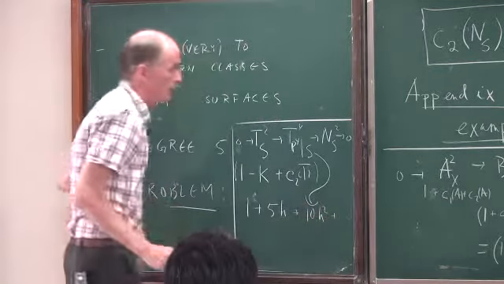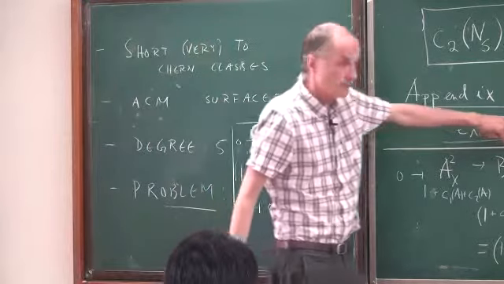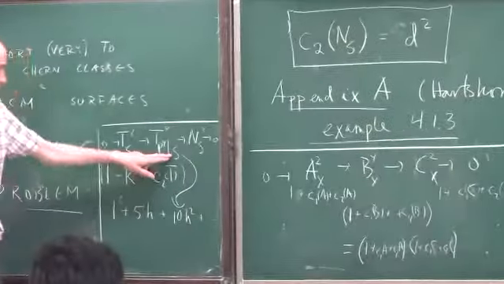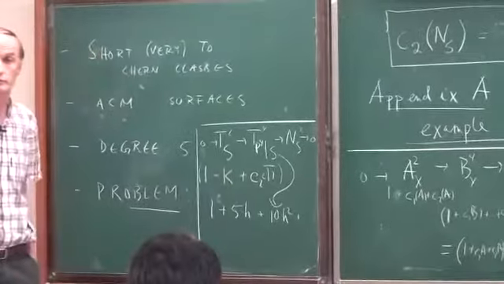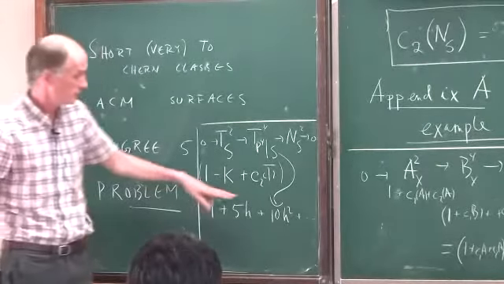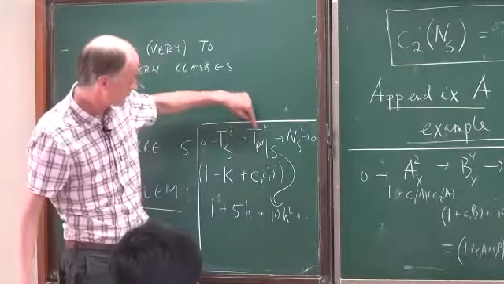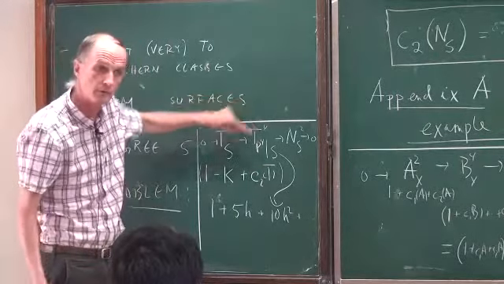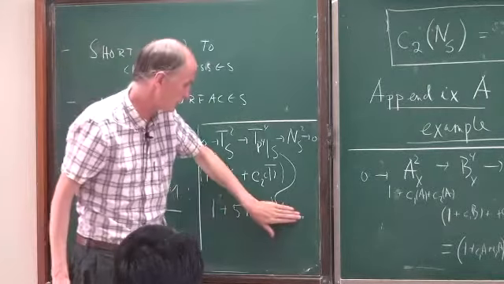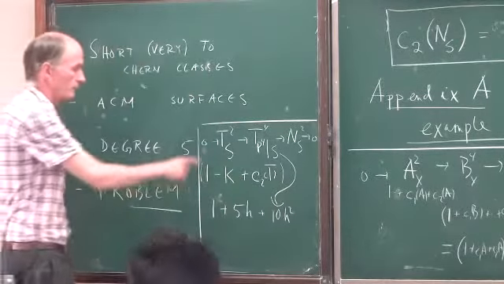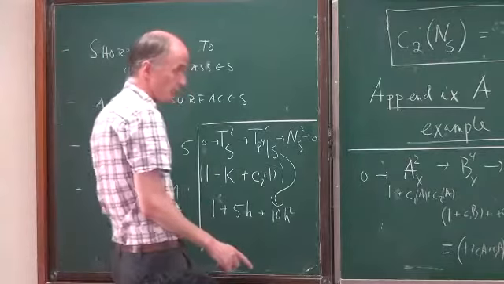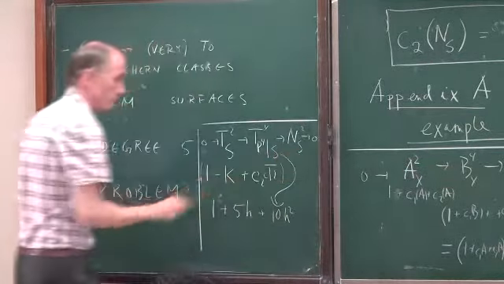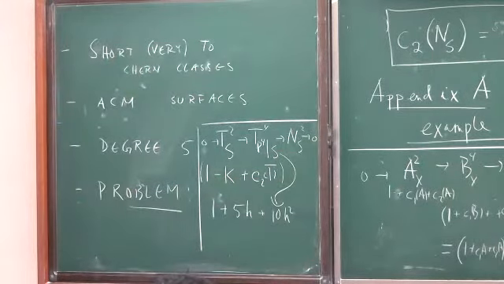You have 4 Chern classes here, but when restricted to your surface, only the first 2 survive. Because if you take C3 of this, it should give you something of codimension 3 in the surface. That's nothing, so it doesn't survive. So you don't have to go further. And from these 2, one could then compute the Chern classes of the normal bundle.